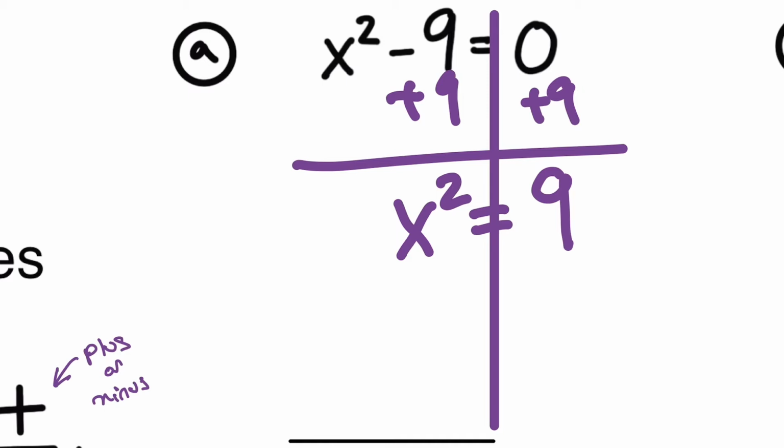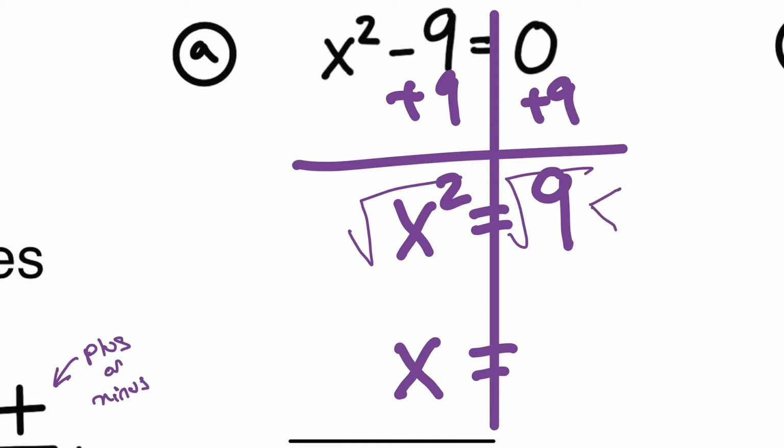All righty. Step number 2 was use our square root. The reason why we're doing that is because we have this squared here. I just want to have x by itself. I just need an x here. I do not want that 2 there. So to get rid of it, we're going to use that square root. When we do that, I'm going to have x equals the square root of 9.